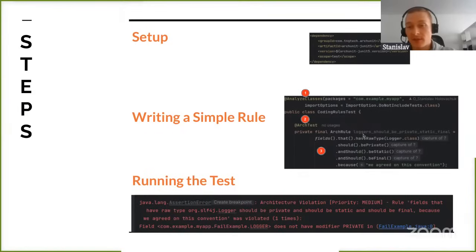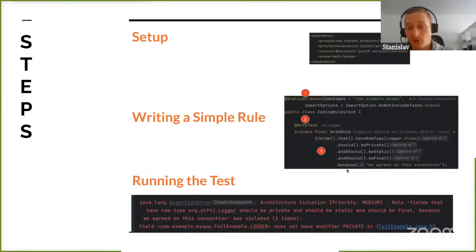For example, this rule is targeted to fields. You see there's a fields above the number 3 on the screen, and that is a target. And then you provide some conditions to filter. You filter that fields having raw type logger, and then you write the assertion. So they should be private, they should be static, they should be final.